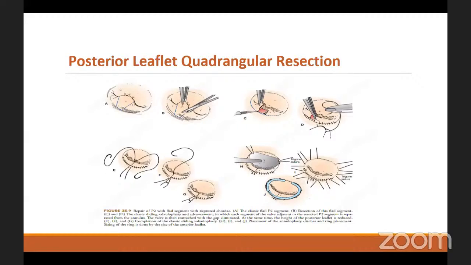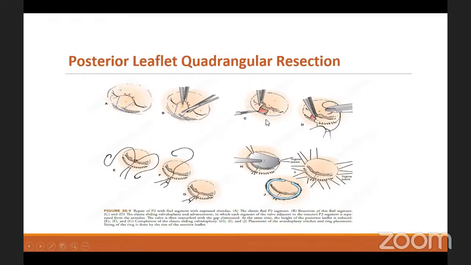So the most common repair technique is the quadrangular or triangular resection of the posterior leaflet. As you can see here, this is the prolapsed part, P2 of the posterior leaflet. We resect that area, either triangular or quadrangular resection.